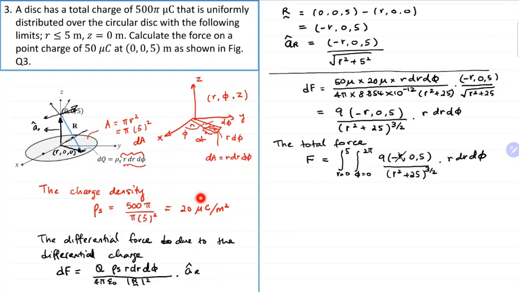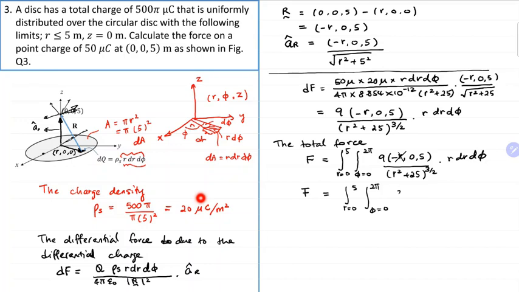Okay, we can simplify our calculations into F equals the integral of r from 0 to 5, and then the integral of phi from 0 to pi, and we are only interested in the z direction.